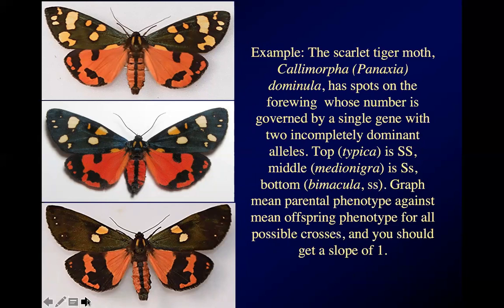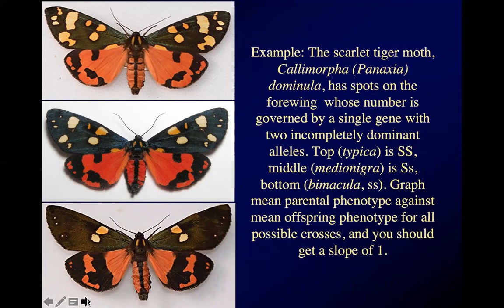This is the scarlet tiger moth. Used to be Panaxia dominula. Now they call it Callimorpha. It's got spots on the forewing, and what I want you to see, you can see those, and that number of spots happens to be governed by a single gene that has two incompletely dominant alleles.